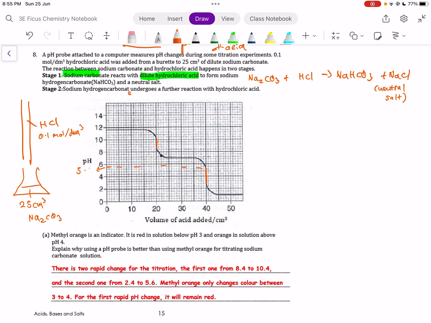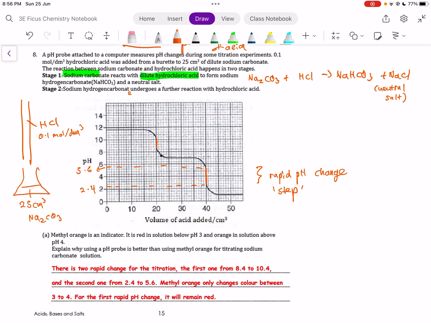This is what they call the step. The part where the pH curve is vertical is what we call the rapid pH change, or sometimes O level uses the term step.